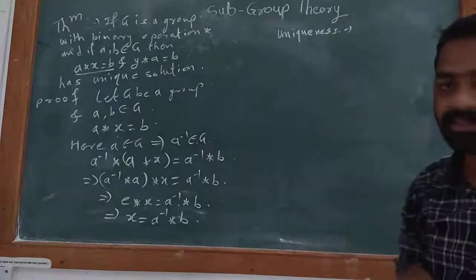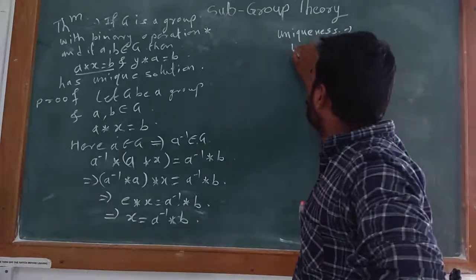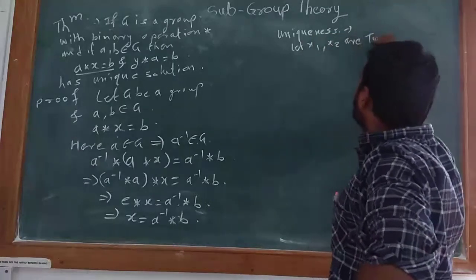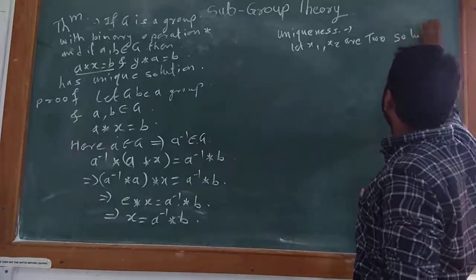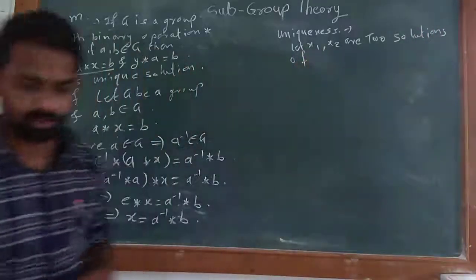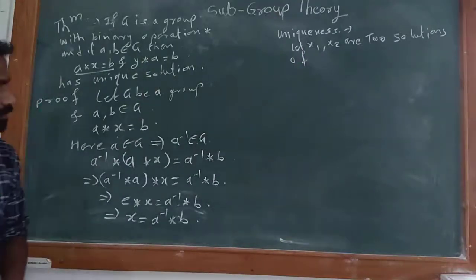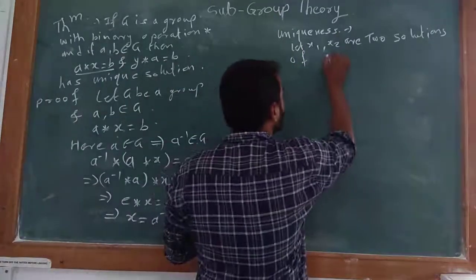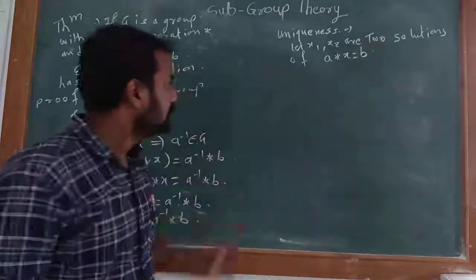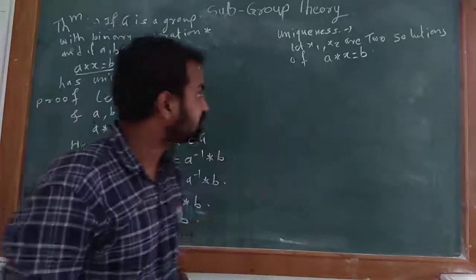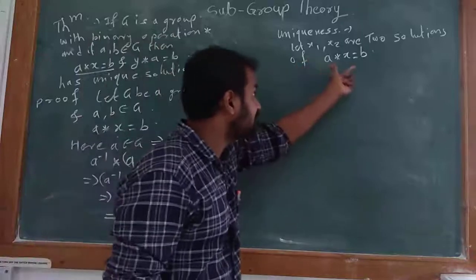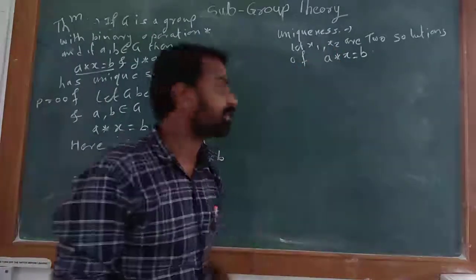For showing uniqueness, firstly let x1 and x2 be two solutions of A star X is equal to B. Therefore, x1 satisfies this equation and x2 also satisfies this equation.